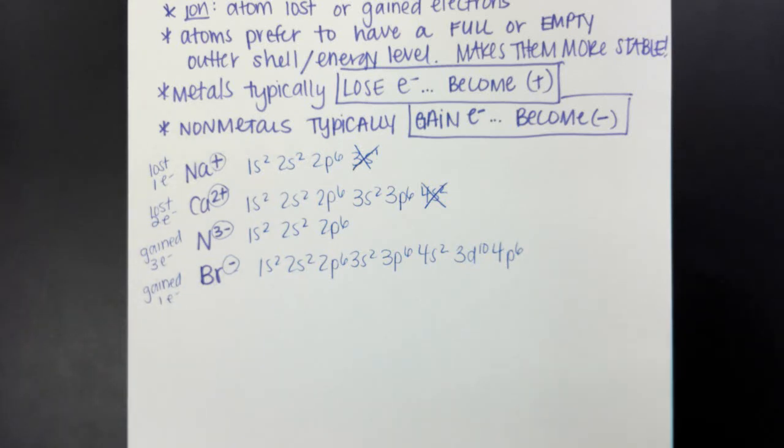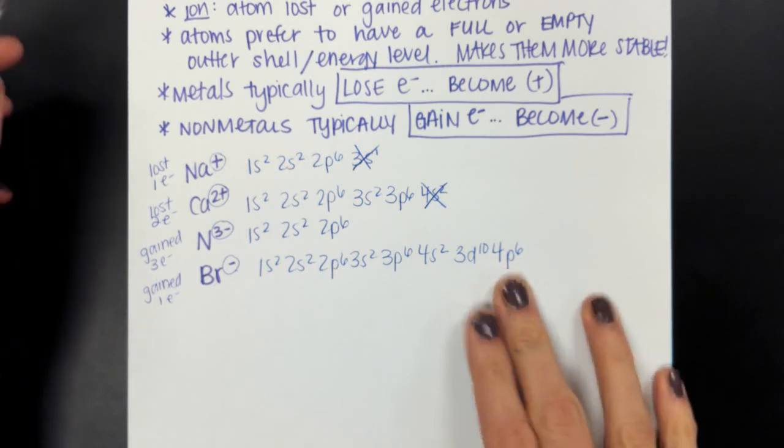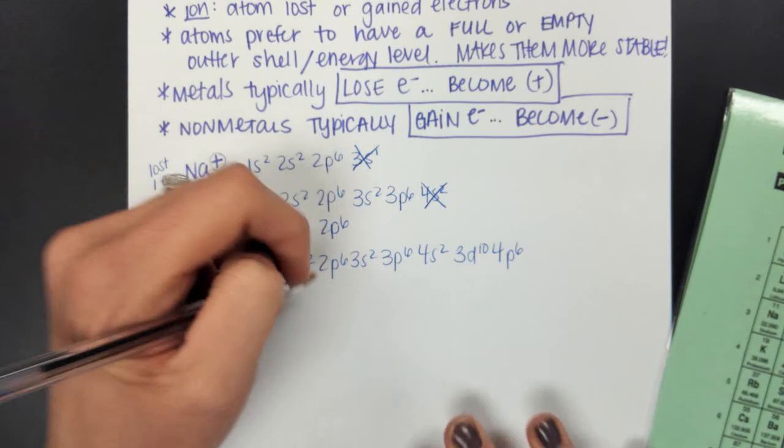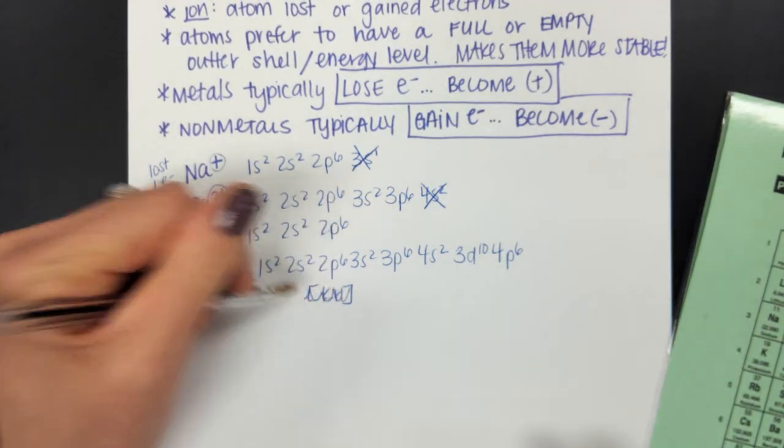Now, a little trick question. If you wanted to write the noble gas configuration for something that already had a noble gas configuration, you can't just write krypton and call it a day. Okay, it has to be the noble gas above it.